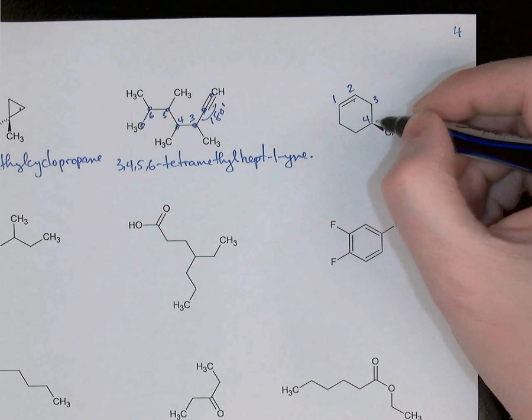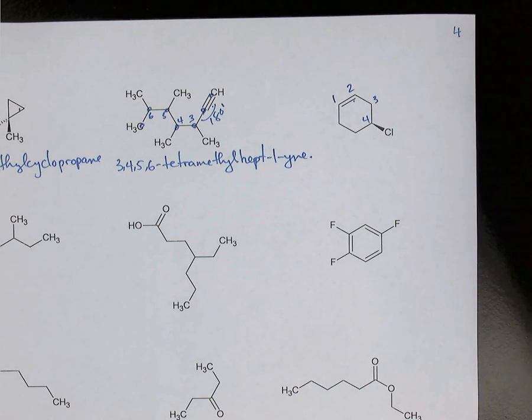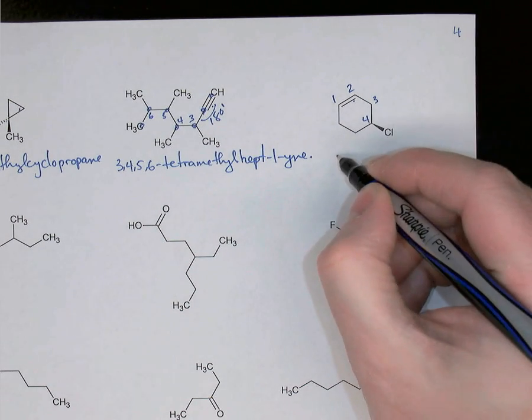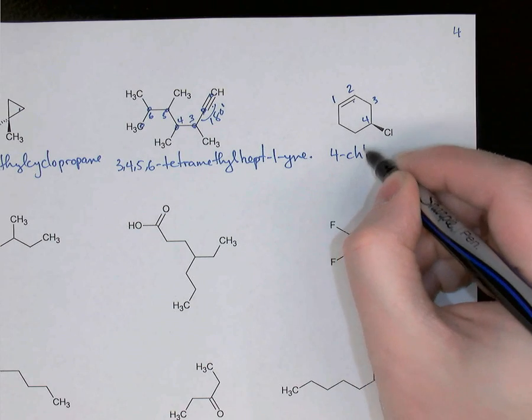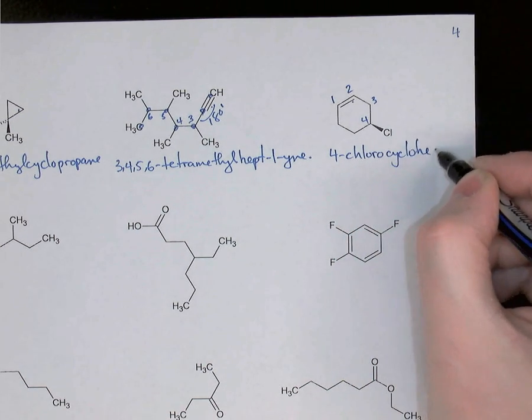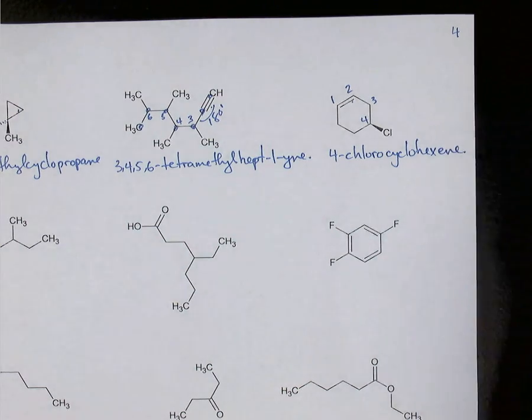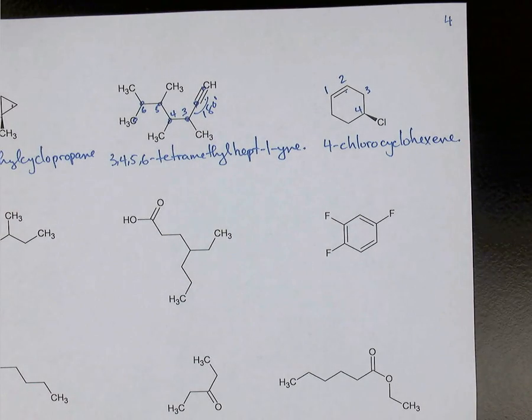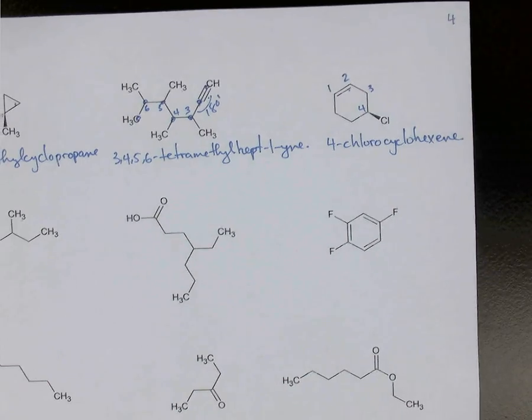Yeah, that's the way to keep the branch number smallest. So this would be 4-chlorocyclohexene. Again, you don't need to say cyclohex-1-ene because the carbons 1 and 2 would be assumed to be on either side of the double bond.